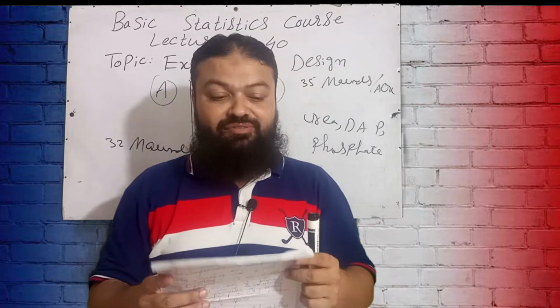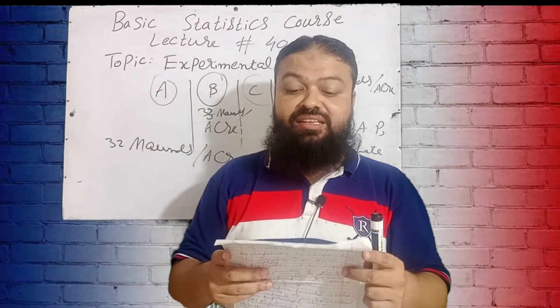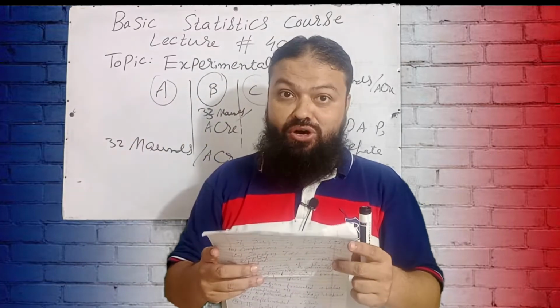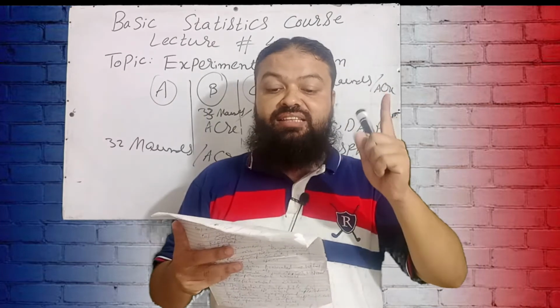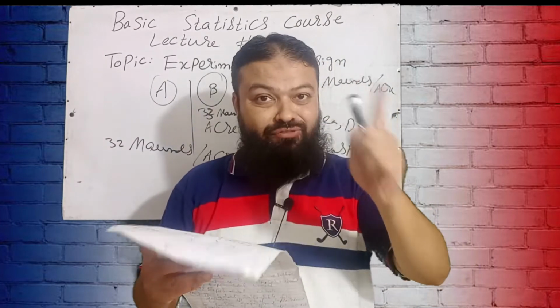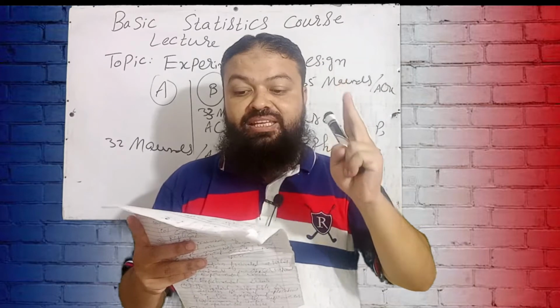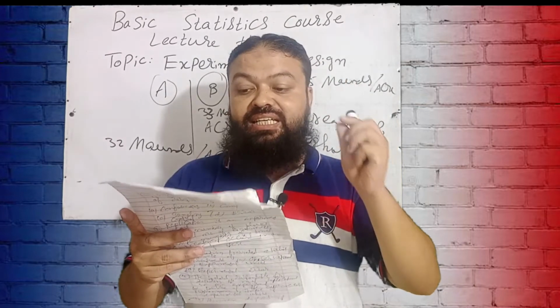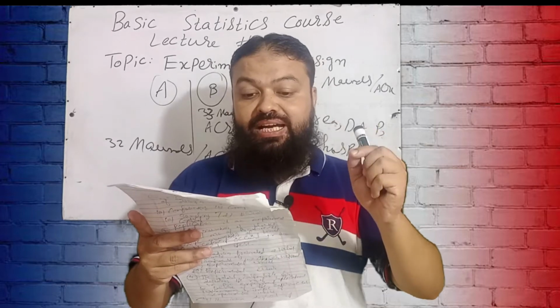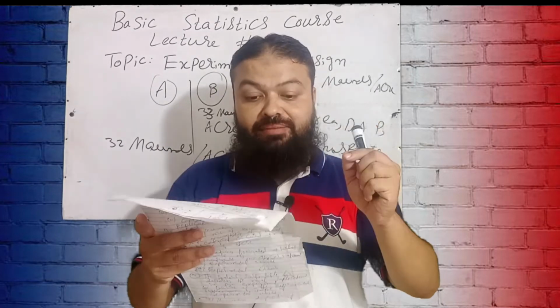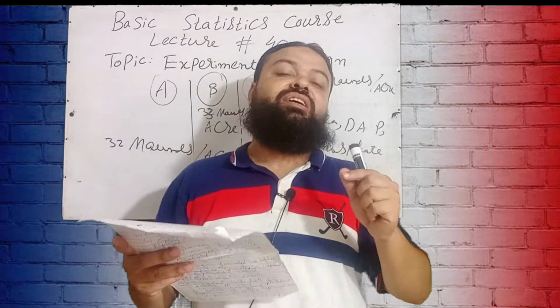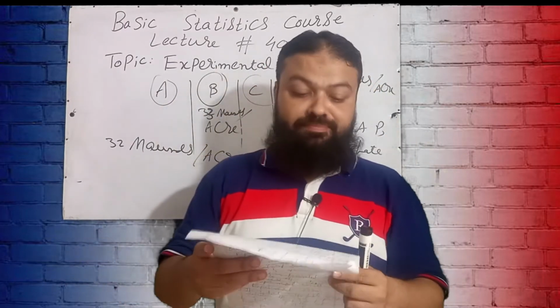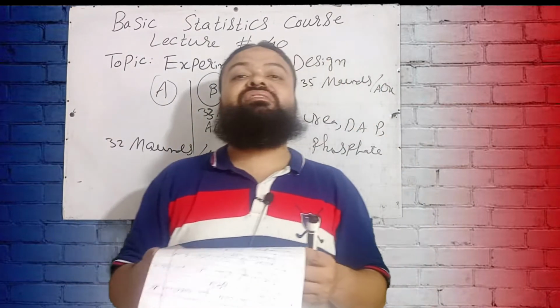Question number 5, experimental error is necessarily required for A, testing the significance of the treatment effect. B, comparing treatment effects. C, calculating the information required from an experiment. D, all of these. All of these is the correct one. Question number 6.